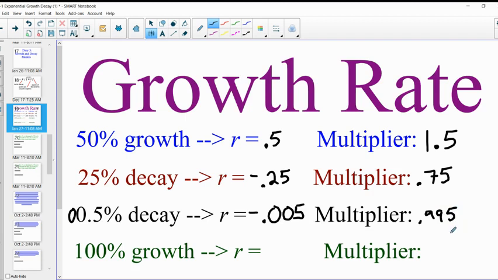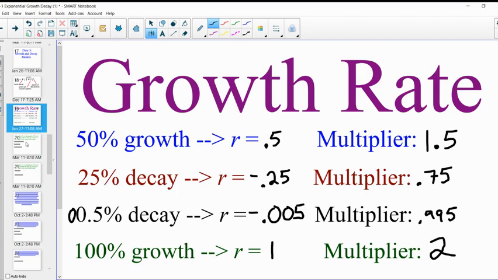If 0.5% is gone, then 99.5% is still there. And then, as I mentioned before, 100% growth corresponds to a growth rate of 1.00. And so your multiplier would be 2. So 100% growth is doubling.